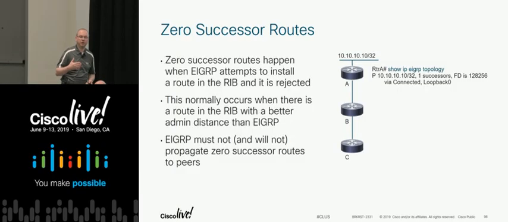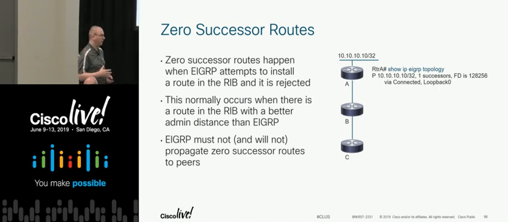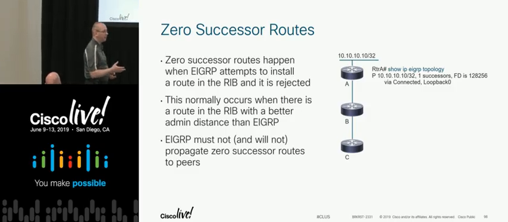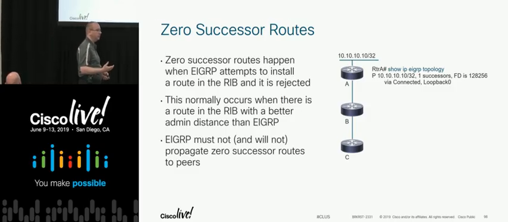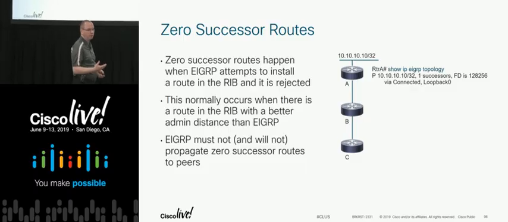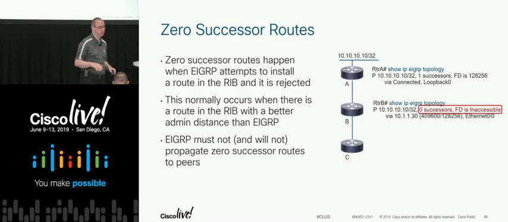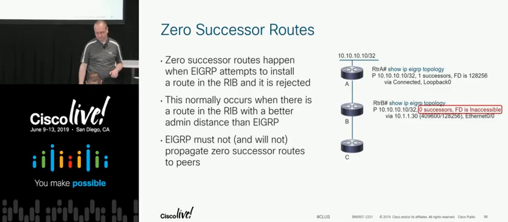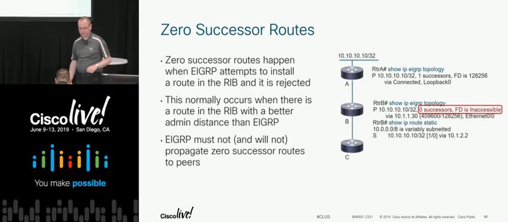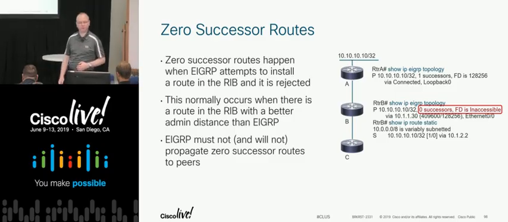So if those routes shall be advertised, you simply need to make sure that the conflicting or the offending route is not in your routing table. Why did it get there? You need to find out actually. That may depend on your local configuration and may actually be needed. But remember, there is no way for EIGRP to advertise a route that it is not using itself, because if we did, we would lose the loop prevention, and we cannot do that. So this would be the zero successor route.